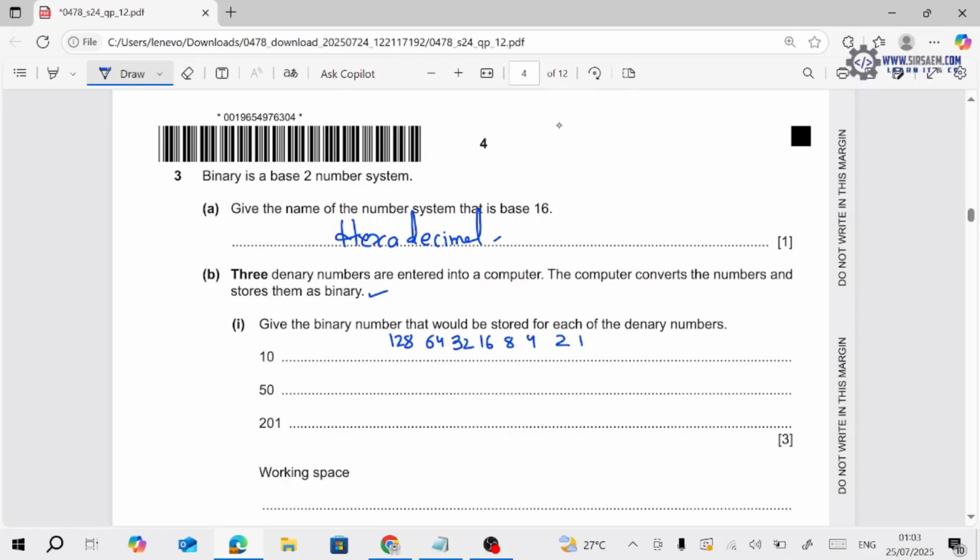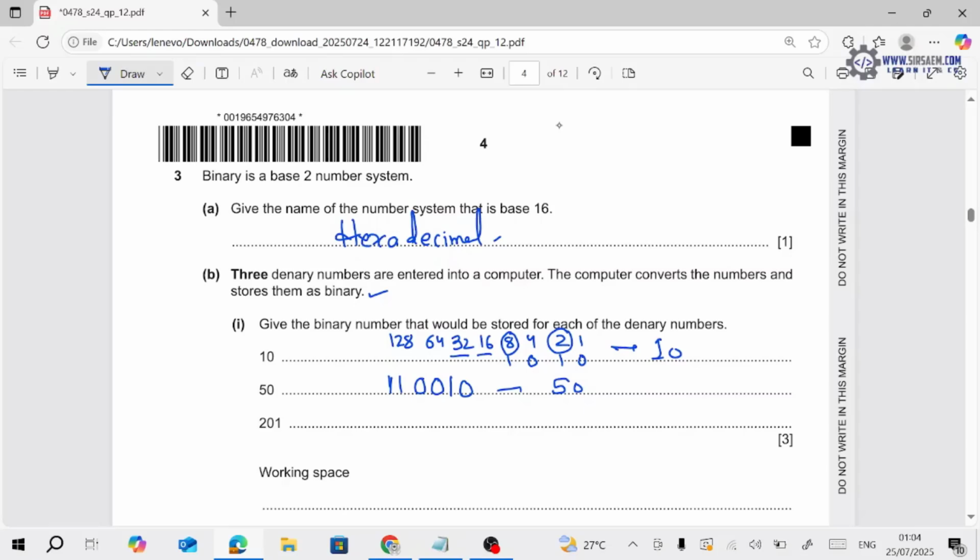So if I want 10, I write 0, 0, 0, 0, 1, 0, 1, 0, because if you add 8 with 2, you get 10. In the same way, if you want to write 50, I write 0, 0, 1, 1, 0, 0, 1, 0, because in that case I'll be adding 32, 16 and 2, which will be equal to 50.